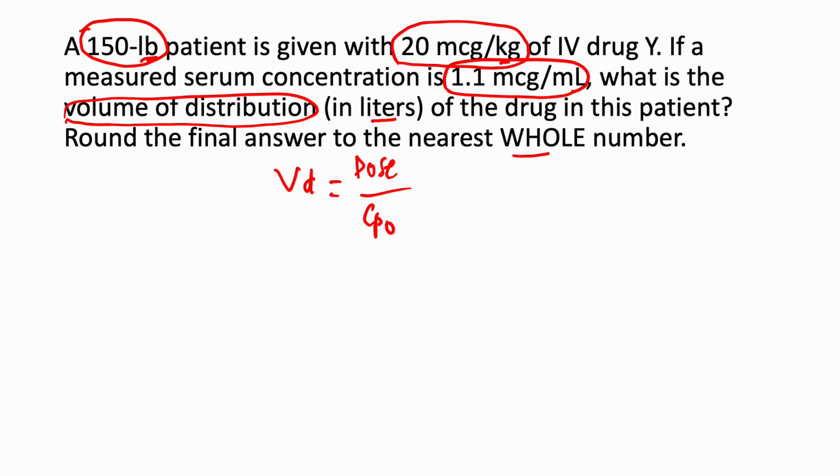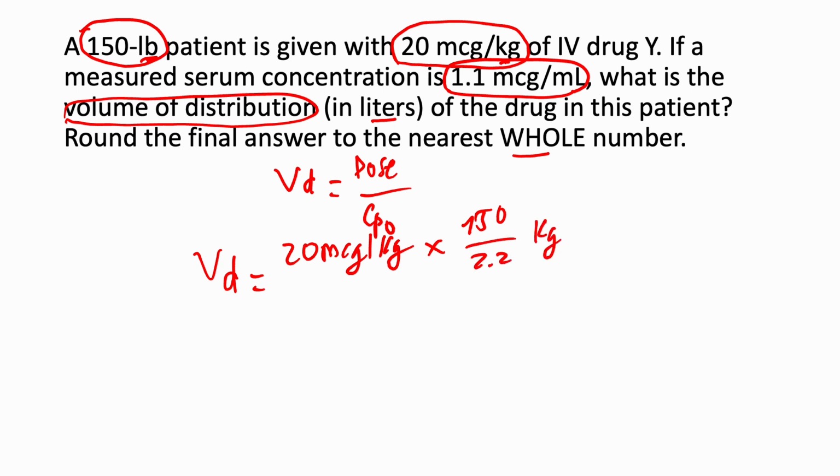Okay, now we start doing the calculation. So volume of distribution equals dose, 20 microgram per kilogram, and this is for a 150-pound patient. Then 150 pounds you divide by 2.2, this equals kilograms, divided by initial concentration, 1.1 microgram per milliliter.